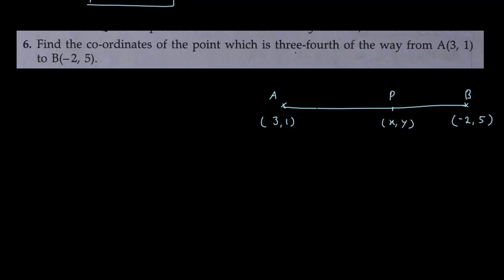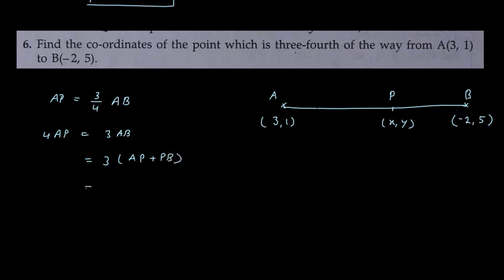So AP is given as 3 divided by 4 times AB. Okay, so we can say that 4 times AP is equal to 3 times AB. So this AB you can write as AP plus PB. So this is 3 AP plus 3 PB.